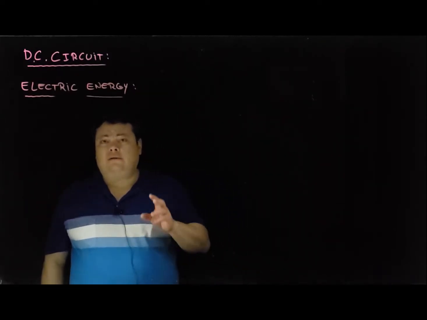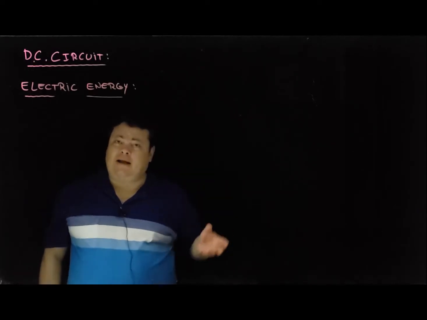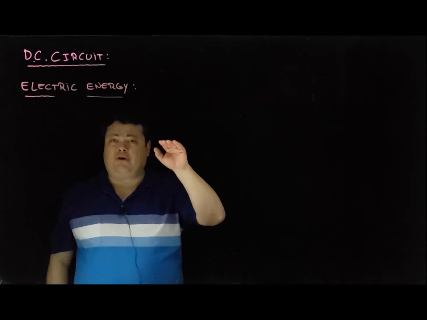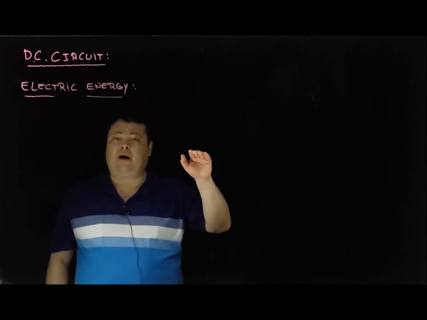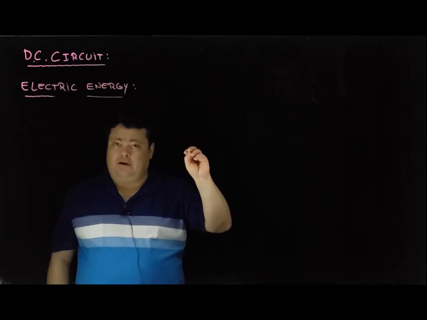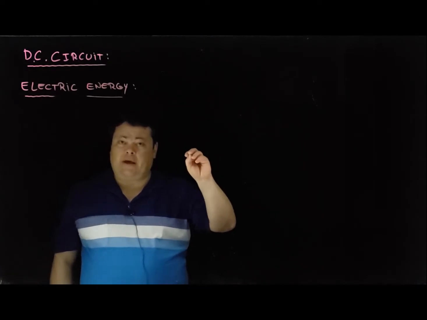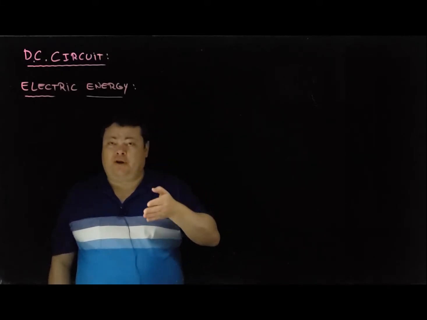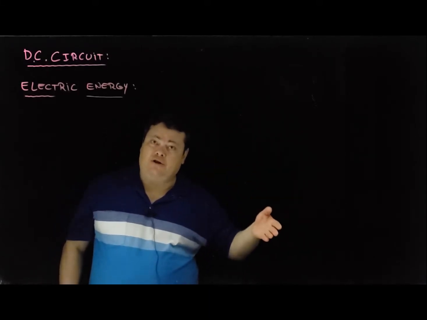When I connect my electric circuit, I'm going to have an electric potential energy that is being established by the battery or by my power supply. That electric potential energy will then accelerate those electrons, converting electric potential energy into kinetic energy.